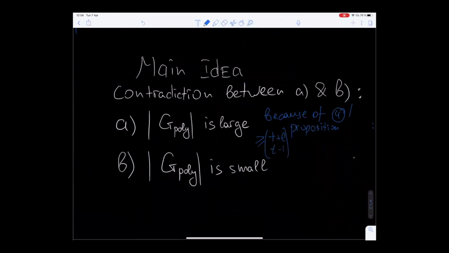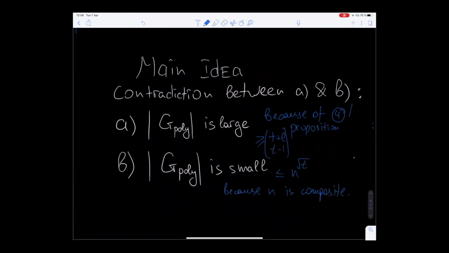On the other hand, we'll show that G poly is small and is at most n to the square root of t, because n is composite.